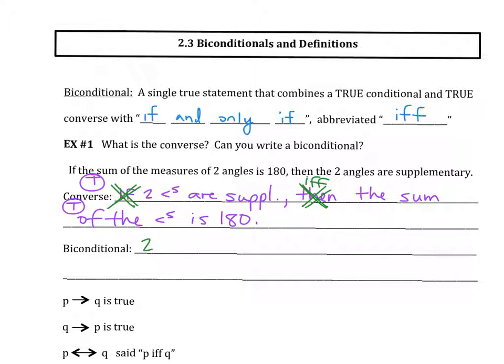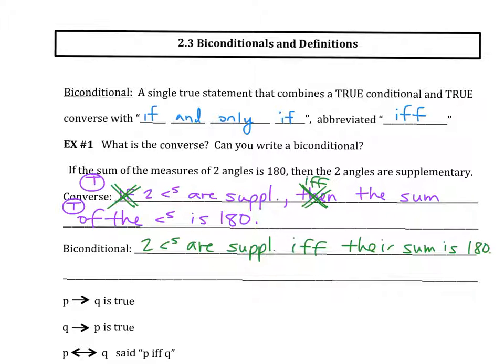So we would say 2 angles are supplementary if and only if their sum is 180.